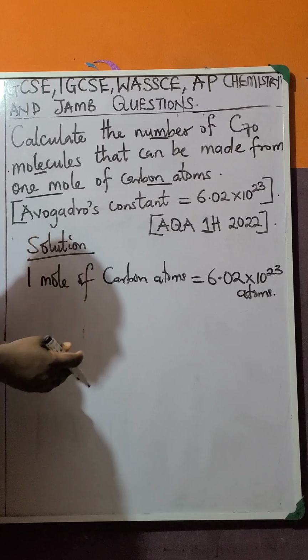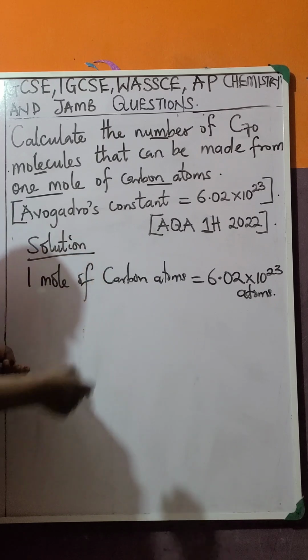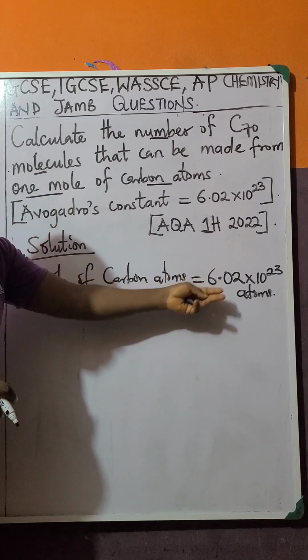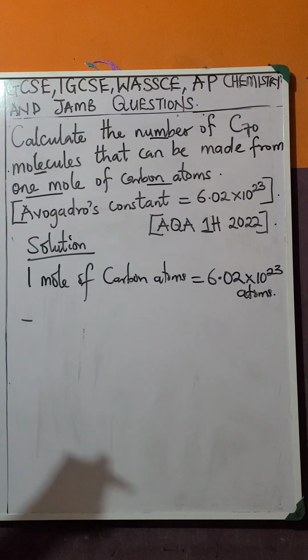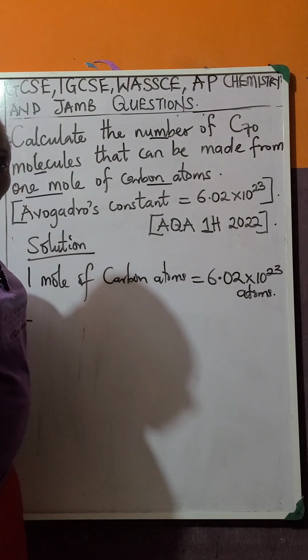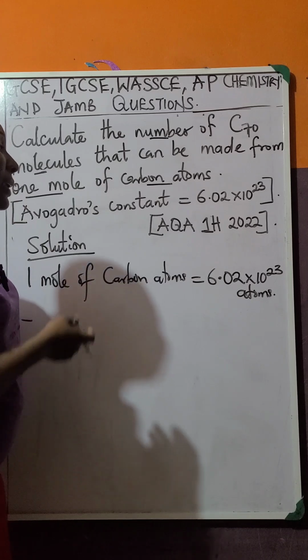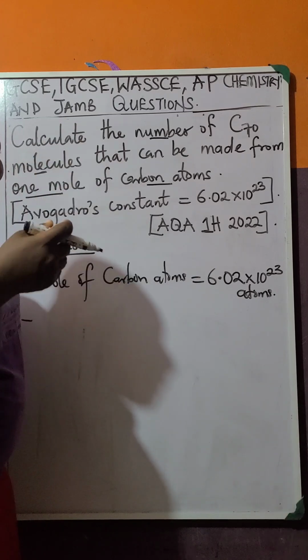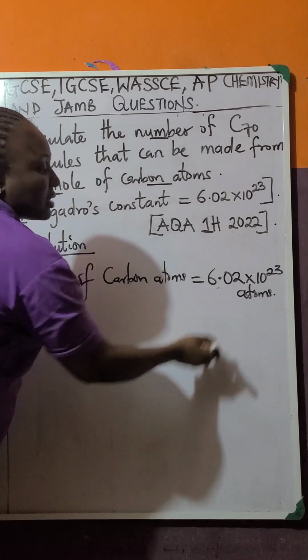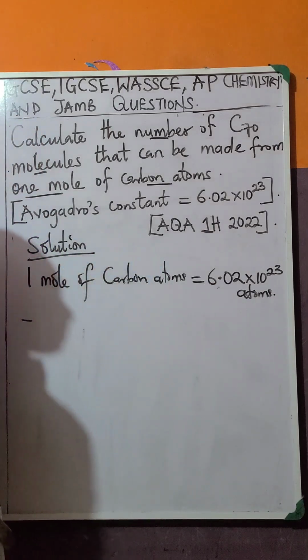Now the question is saying C70 molecule. What number of it will be made from this 1 mole? So ask yourself, in each C70 molecule, how many atoms are there? So that you can check, if you start making them, how many of them can be made if you use 6.02 times 10 raised to the power 23 atoms.